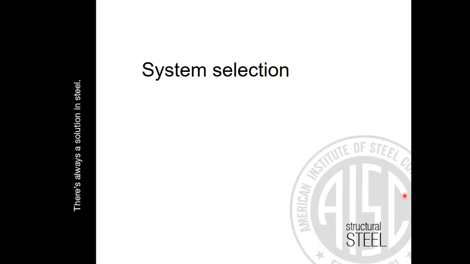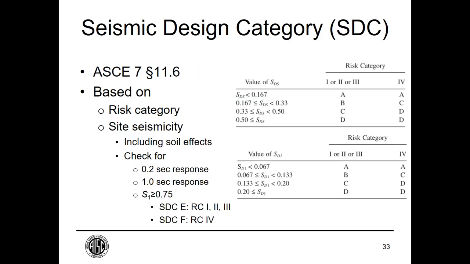All right, let's proceed to system selection. We have systems that are limited by seismic design category. So the first step is to figure out what our seismic design category is. We have these two tables in ASCE 7 in Chapter 11.